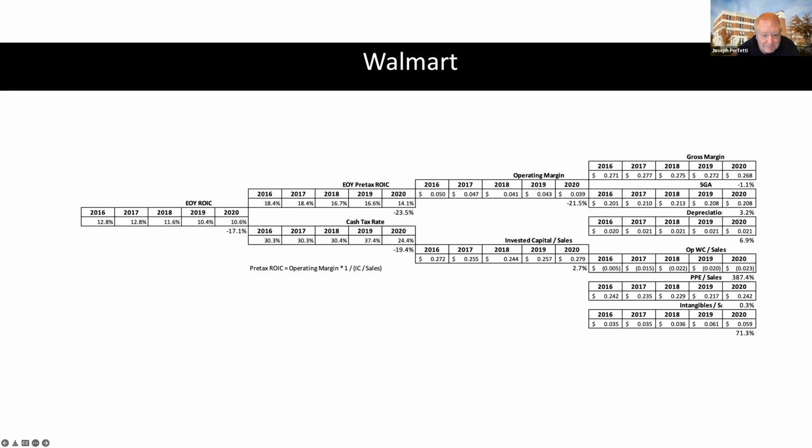It's not exactly flat. Okay, and then for operating working capital to sales, you mentioned how it is actually decreasing because it's getting more negative. Can you explain the math of how the percentage is near 400%?